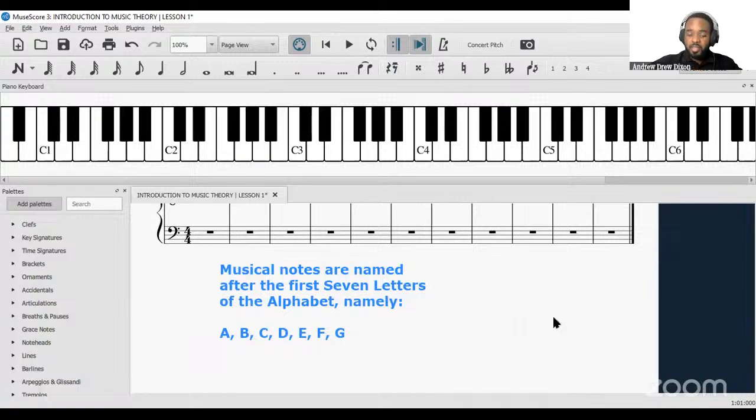And as a matter of fact, if you can play that, you would have already started playing the C major scale. Listen to this. Do, re, mi, fa, sol, la, ti, do.